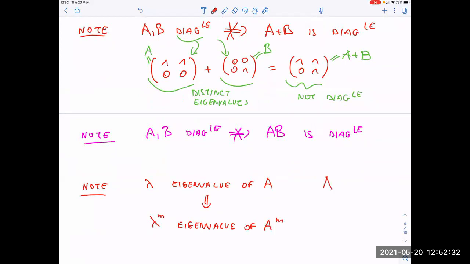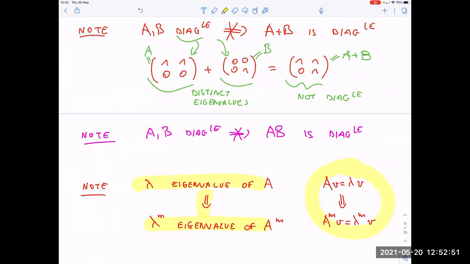This is simply because AV equals lambda V means that A to the m V equals lambda to the m V. Very easy to see. And so this is why you have this implication.